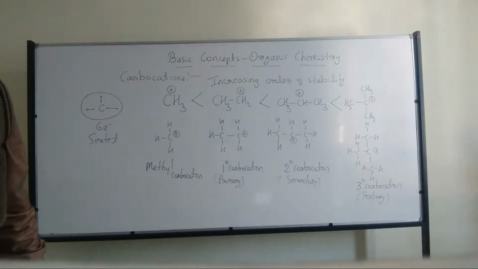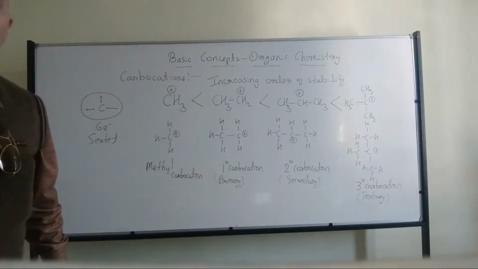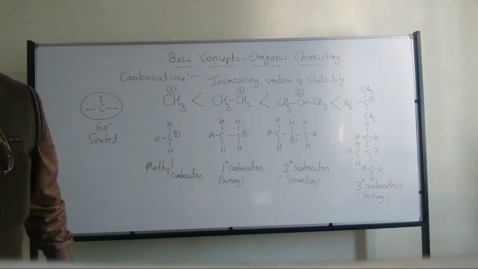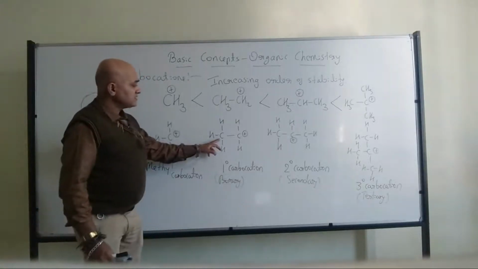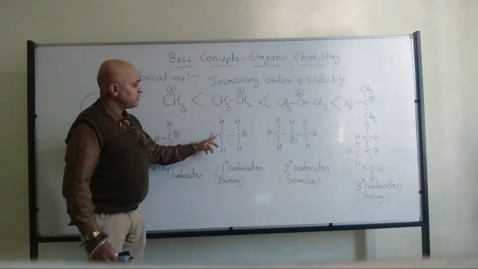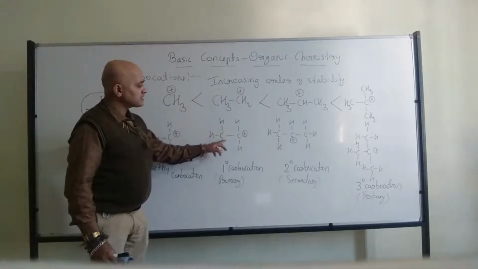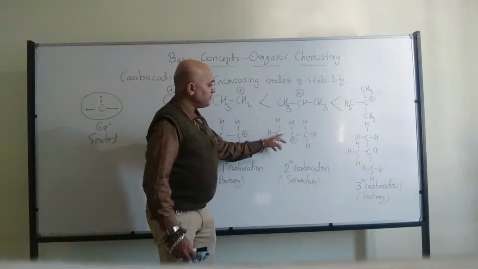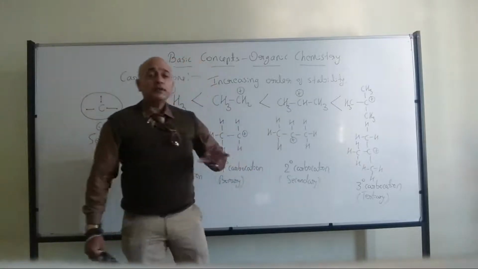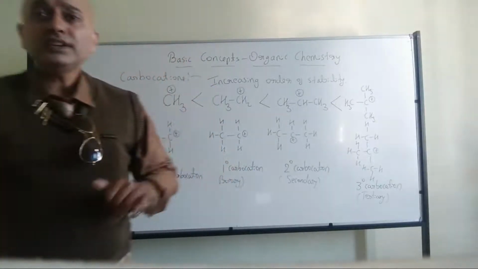This is one of the reasons why carbocations are unstable, because they are not in the octet state, unlike other carbons. So this carbon, octet state, 1, 2, 3, 4, 5, 6, 7, 8. This carbon is stable, 1, 2, 3, 4, 5, 6, 7, 8. Because all of them are in the octet state.